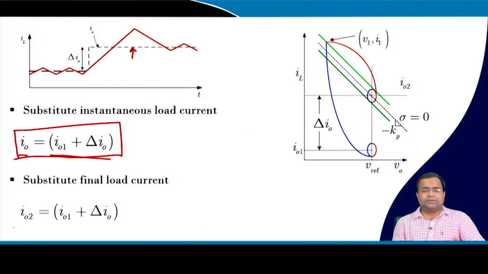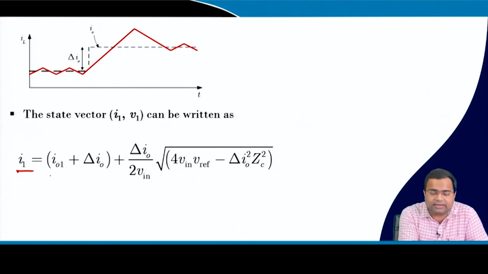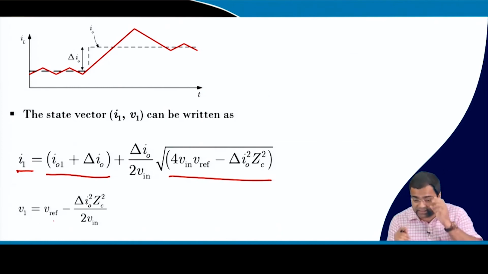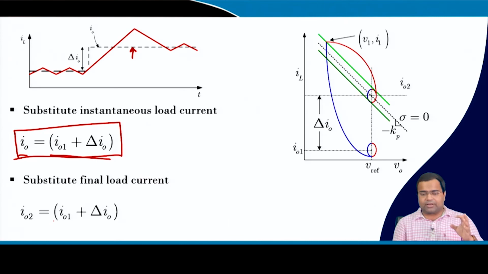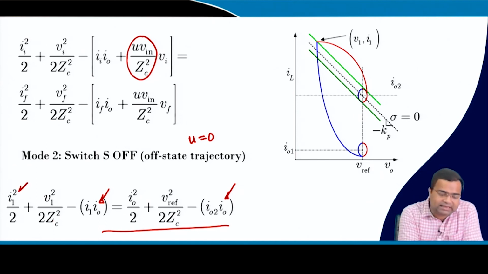If you substitute from that previous equation, you can find out I1 in the form of the final current into V1 in this format. So, this you can check it out, because I am not going to derive all steps, but this can be obtained from the earlier equation that we have written from this off and on state, because for off state I1 is the initial state and I02 is the final state, and V1 is the initial state and Vref is the final state.